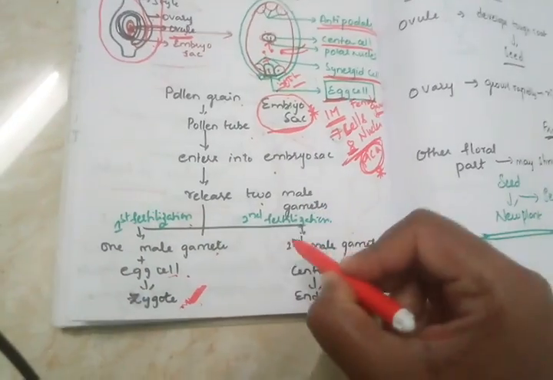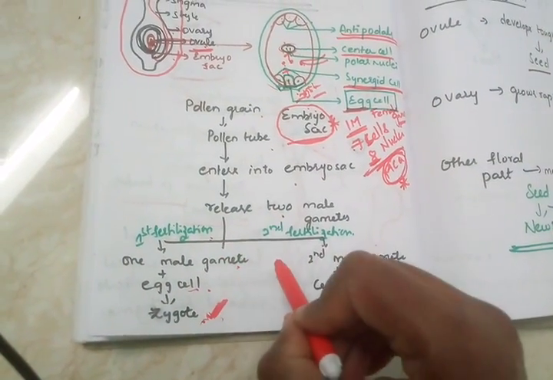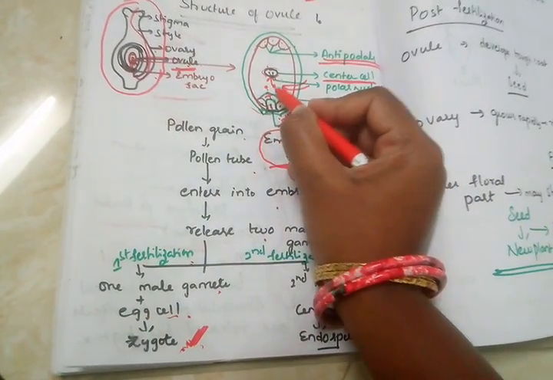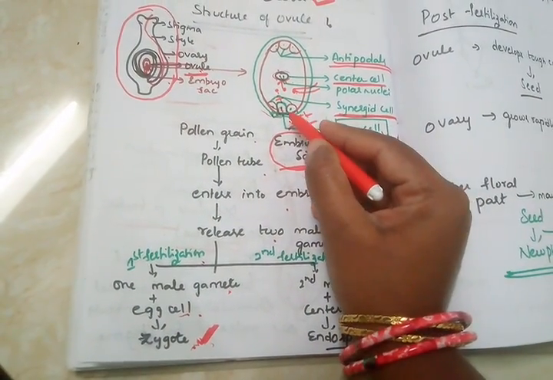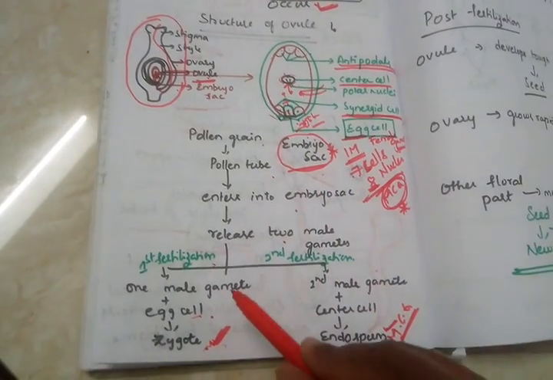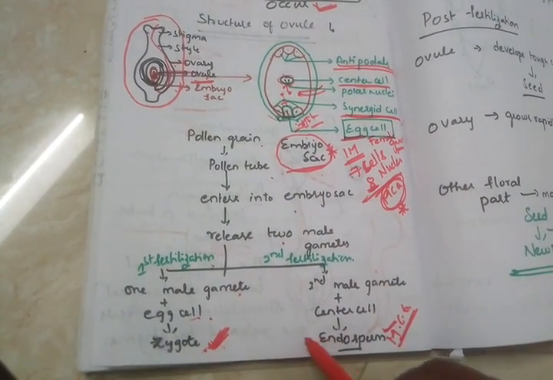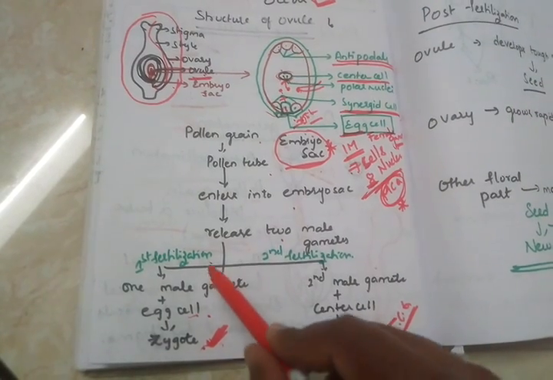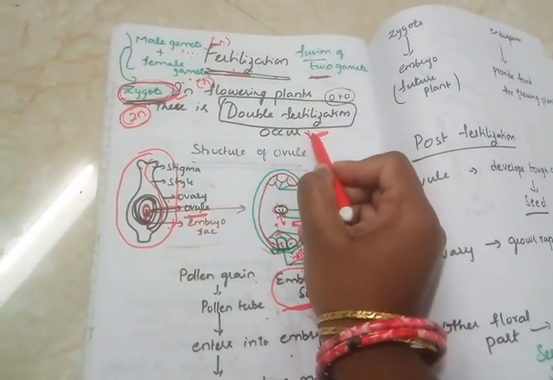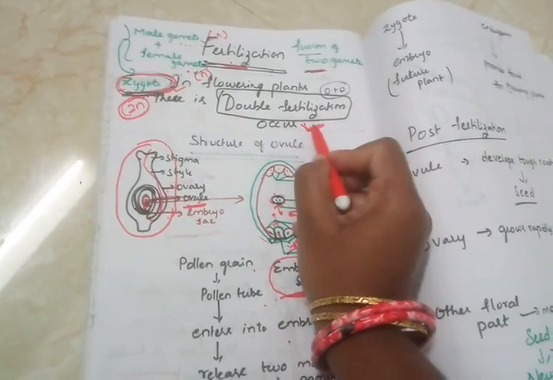Like this, 2 fertilizations take place in flowering plants. Why? Because there are 2 male gametes: one fuses with the egg cell, another fuses with the center cell. So the zygote is formed and the endosperm is formed. Like that 2 fertilizations take place. Hence, fertilization in flowering plants is called double fertilization.